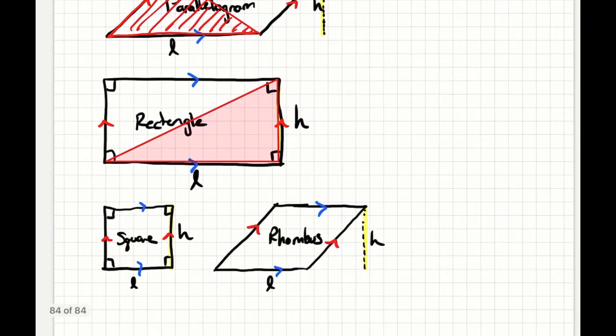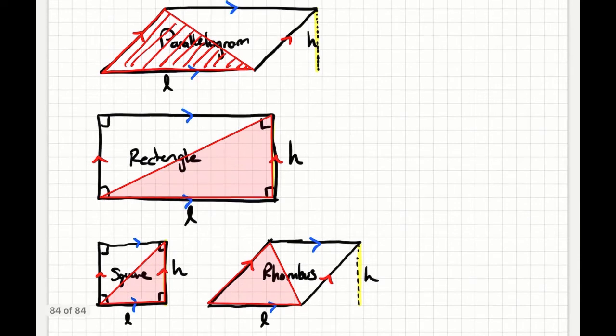I can cut this square in half down here, and you'll see that I now have a triangle. I can cut this rhombus in half. And you'll see I have a triangle.